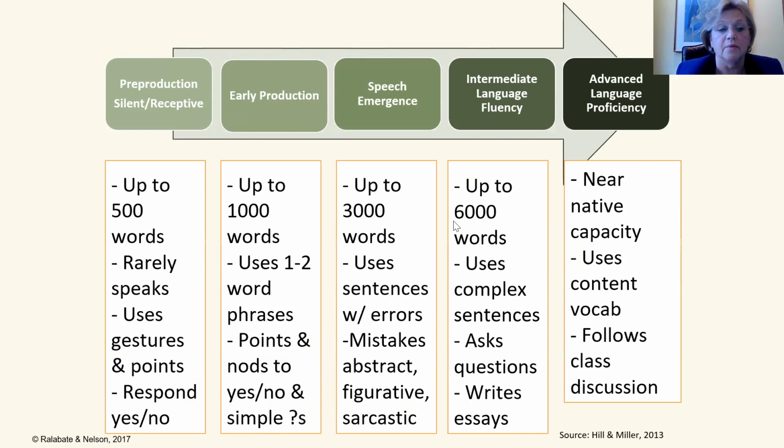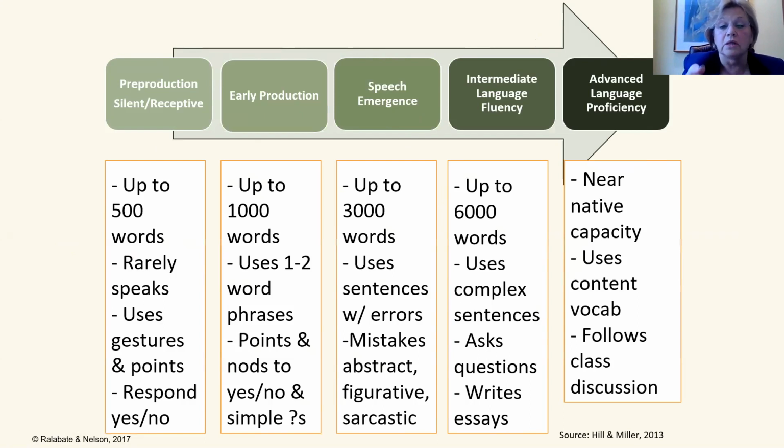And this is a good time to be pairing them with another learner who speaks their first language as well, so that they have that support, or providing them with other kinds of translation supports in the classroom, and allowing them to use their first language to make their point when they need to.